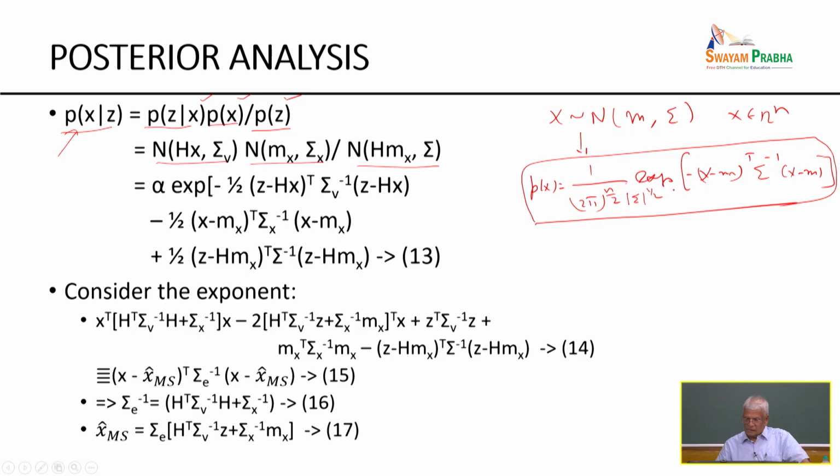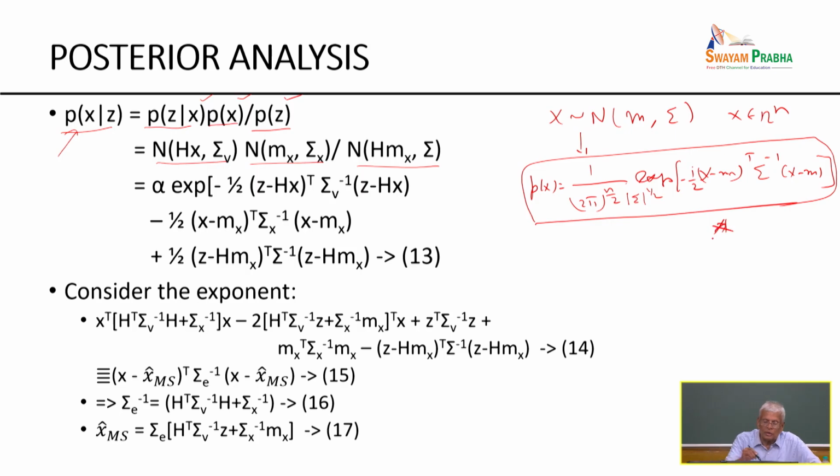So 2 pi to the power of n by 2, determinant of sigma to the power half, the reciprocal of that, times exponential minus 1/2 of x minus m transpose sigma inverse x minus m. That is the general form of Gaussian density.